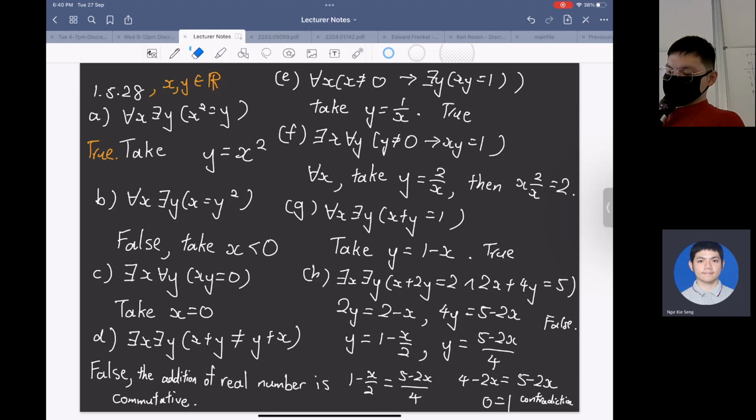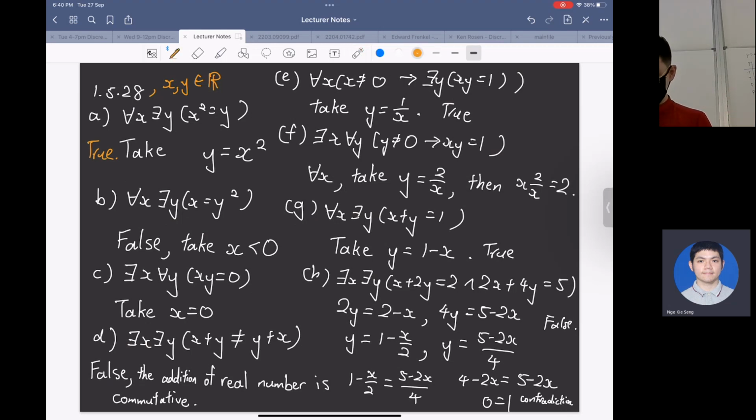So how to show this? So for every X, you need to find me a Y. So what Y do you take? No, cannot. It has to be true for all X, right?